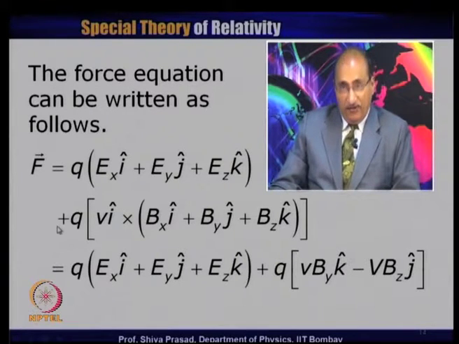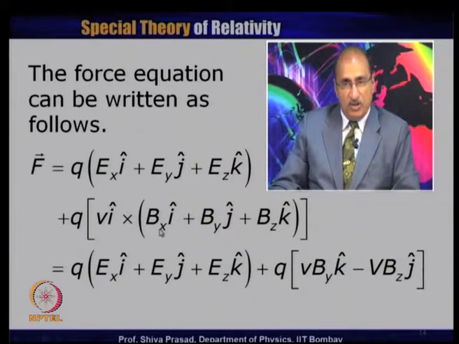Then a term due to the magnetic field, plus Q, V having a component only in the x direction, so I write V i cross the magnetic field, which in general can be in any direction, Bx i + By j + Bz k. As far as the first term is concerned, it remains unchanged; I have just copied it here. Now I can write this cross product and simplify the second term.